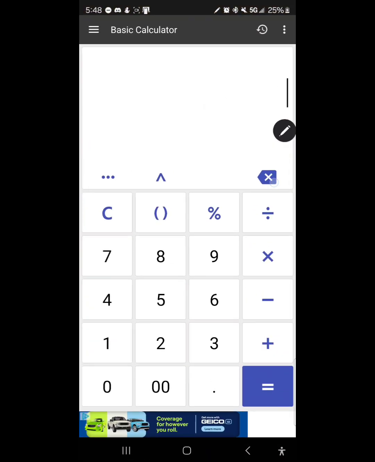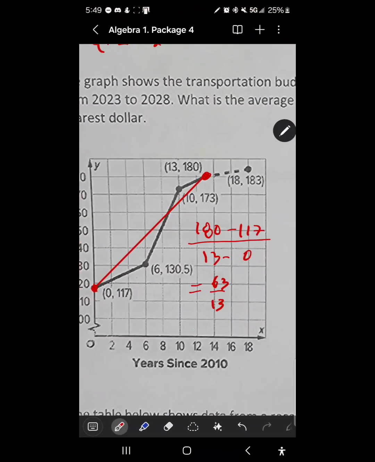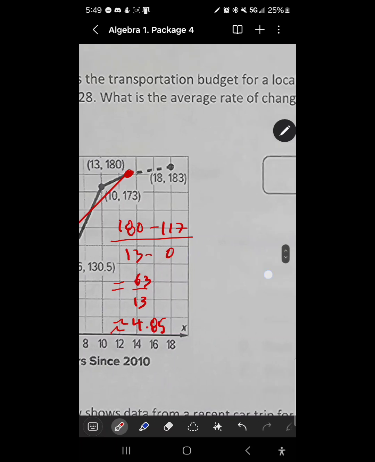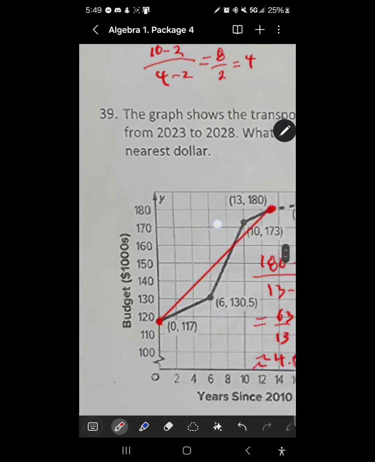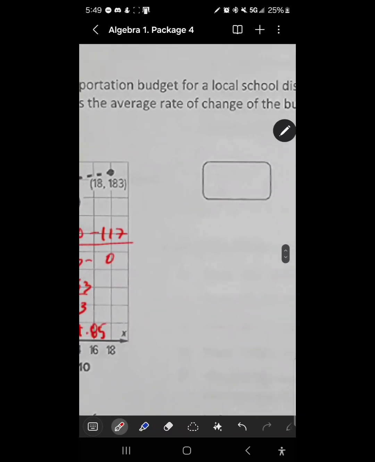We can calculate it. So 63 over 13, approximately 4.85. So this is about 4.85. Do they say round your answer to the nearest dollar? So we are just going to say 5. Just put the 5, don't put the dollar sign.